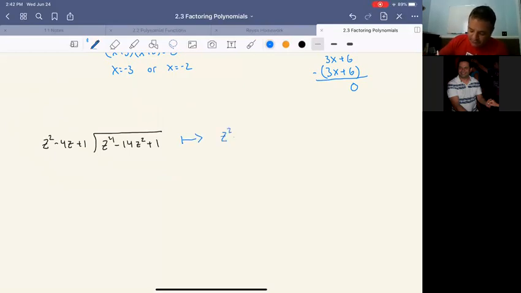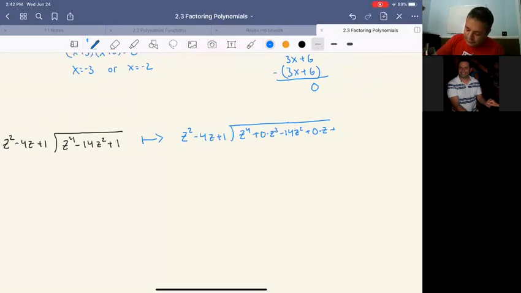So z squared minus 4z plus 1 has terms of every degree. For z to the 4th, we're going to add a 0 times z cubed. Then we got our minus 14z squared plus 0 times z plus 1.